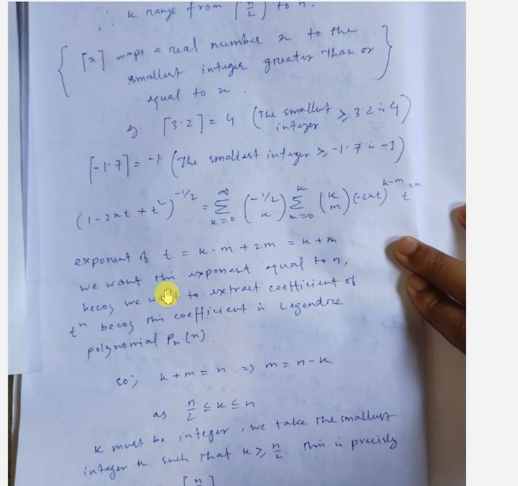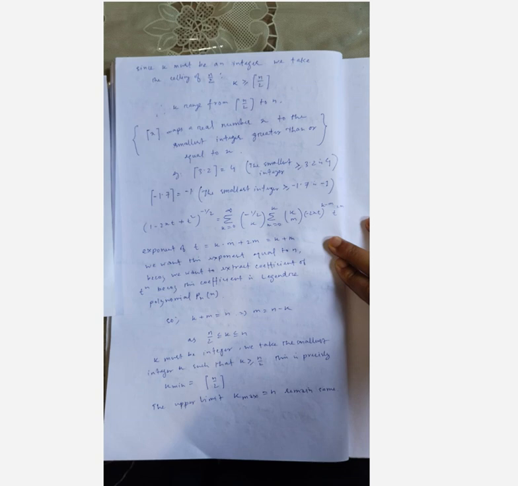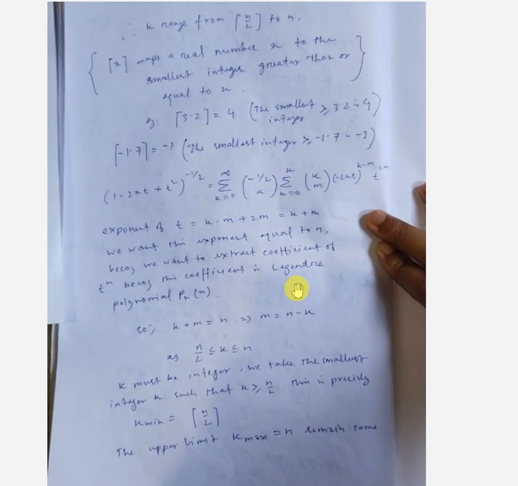Now the exponent of t: k minus m plus twice m is equal to k plus m, right? We want the exponent equal to n, because we want k plus m equal to n. K must be an integer. We take the smallest integer k such that k must be greater than n by 2.